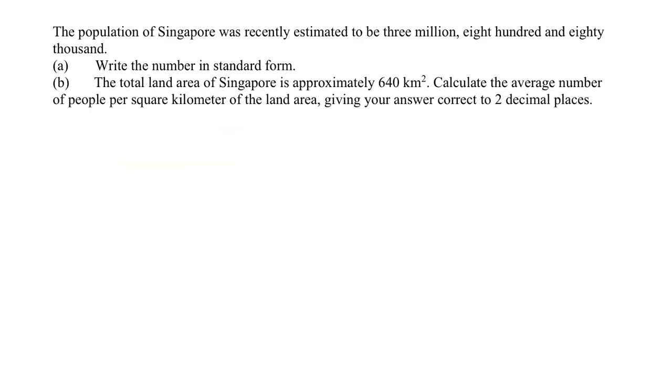Hello everyone, welcome to this video where we are required to solve this, and there is a standard form. So for the very first part, part A, it's quite straightforward. They want us to represent the population in standard form, meaning 3,880,000 in standard form.